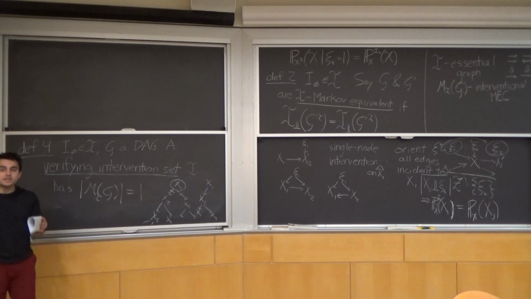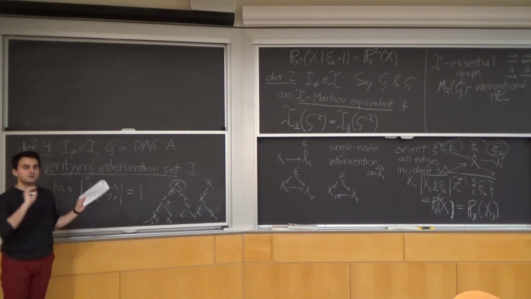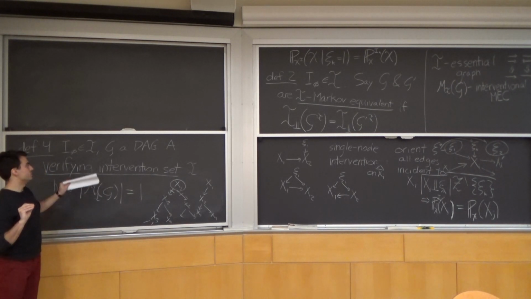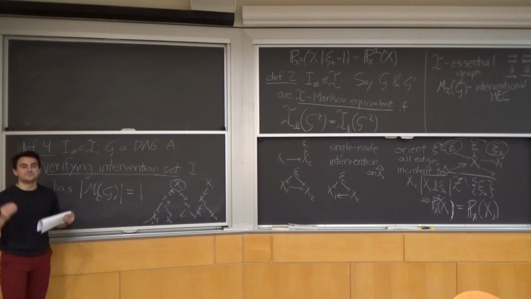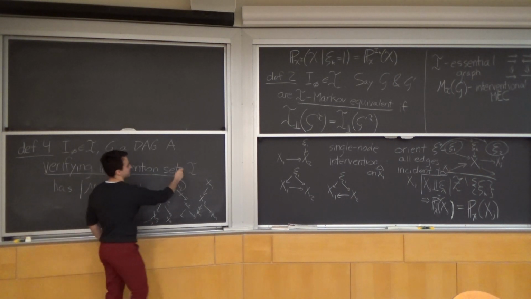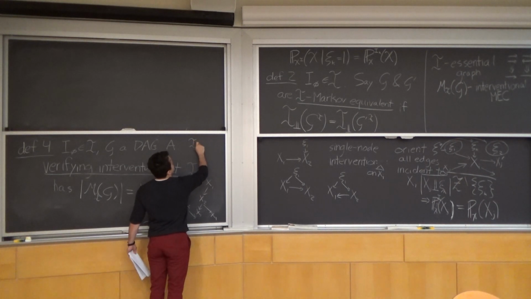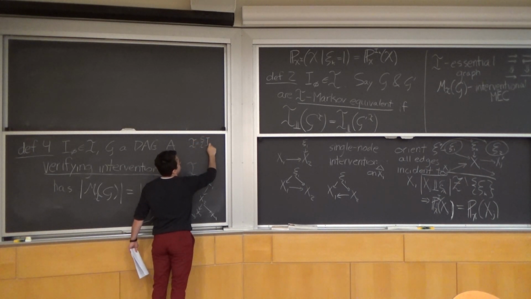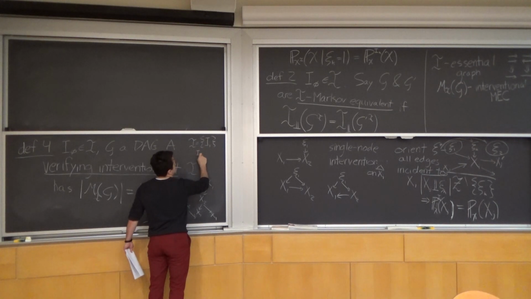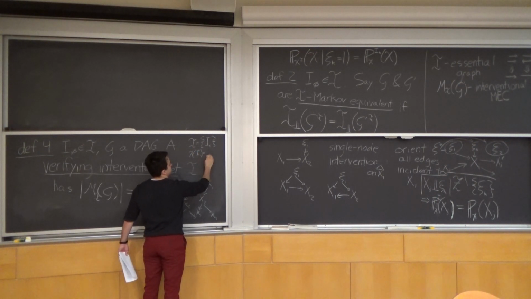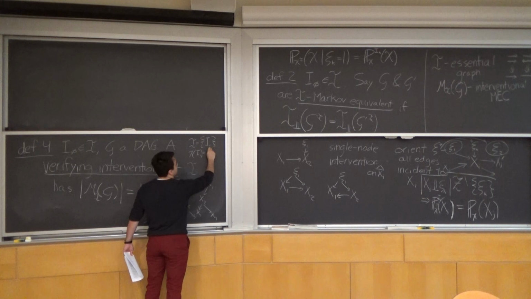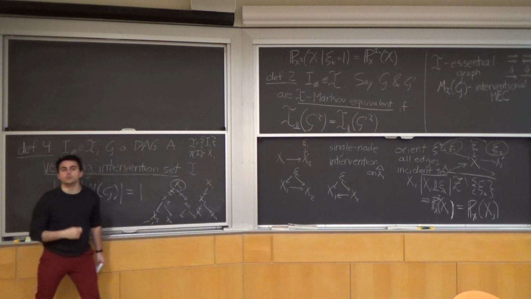Okay, so the tree is one end of the spectrum, where there's a verifying intervention set of size 1 in two ways. Technically, this verifying intervention set is a set of interventions, and this single intervention I1, its target is just the variable x1 in this case, or whatever the root node is.